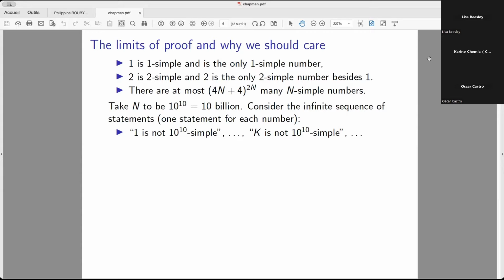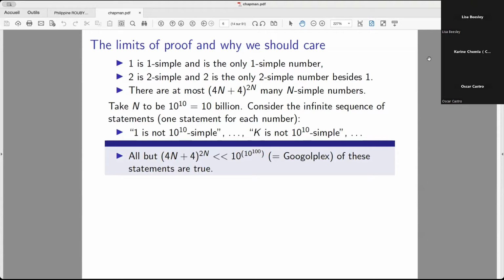So we have an infinite number of statements. And we know that all but a very small number of them are true. Because we have an upper bound for how many 10 to the 10 simple numbers there are. So no one's going to question that. No finitist would question that.